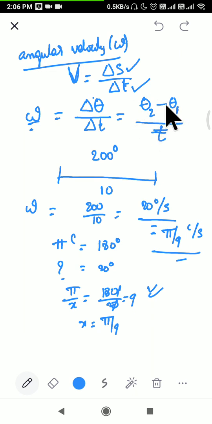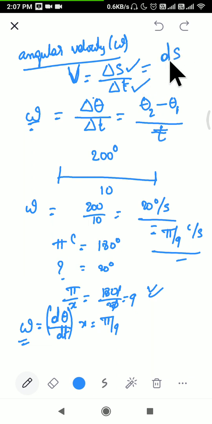Then, instead of capital delta, we take small d: d theta by dt, which is the differentiation of theta with respect to time. Then I will get instantaneous angular velocity. In the linear concept, we already know that instantaneous velocity is ds by dt. Here it is d theta by dt. That is the concept of angular velocity.